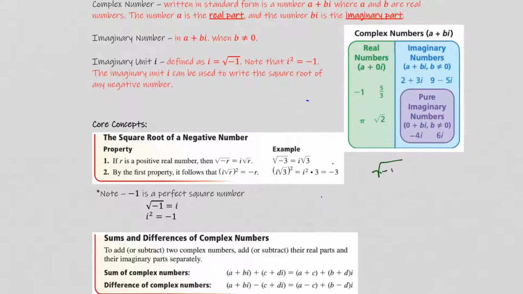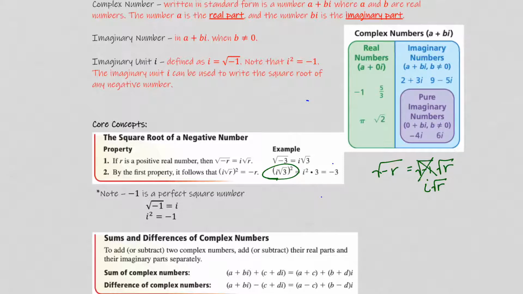And that is because the square root of negative r is the same thing as saying the square root of -1 times the square root of r. And we know because of this rule, the square root of -1 is i. Okay? And we always write the i in front of the square root. And because of that first property, if we were to square it all, we know that i squared is -1.